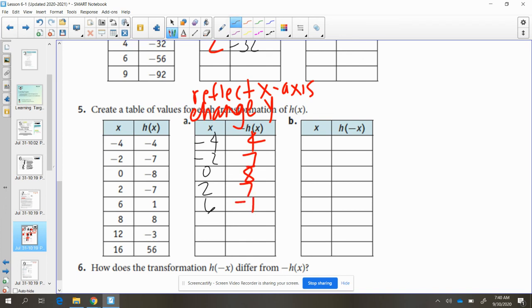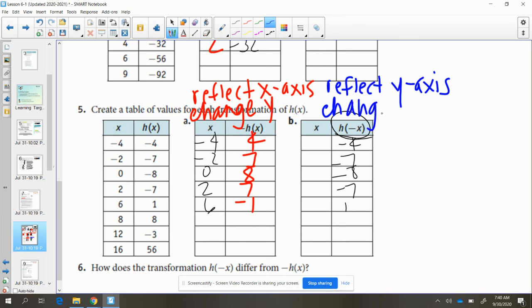On the flip side over here, we're changing the x value. So all of these values are actually going to stay the same here. But what's happening is in the second chart, we are reflecting over the y-axis, aka we need to change our x values' location. So all of these now are going to flip signs, except for 0, because 0 just stays 0. And these all would change down the chart.